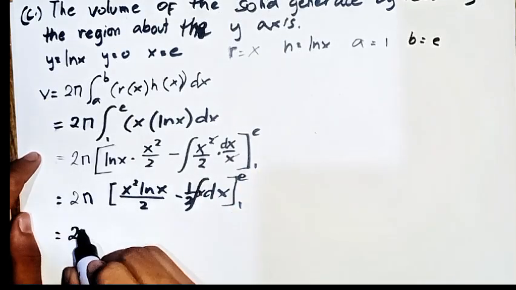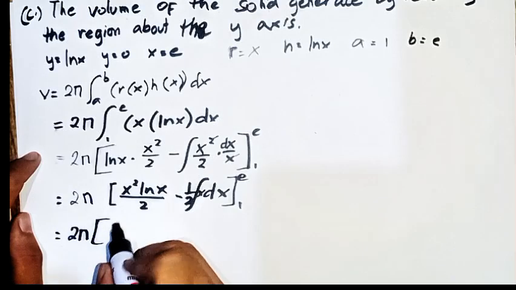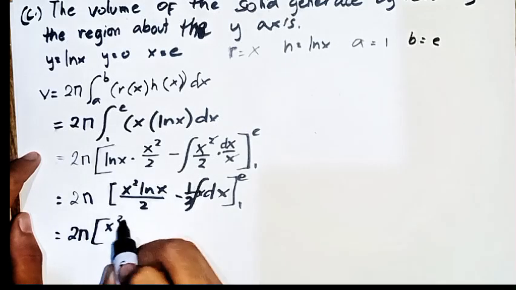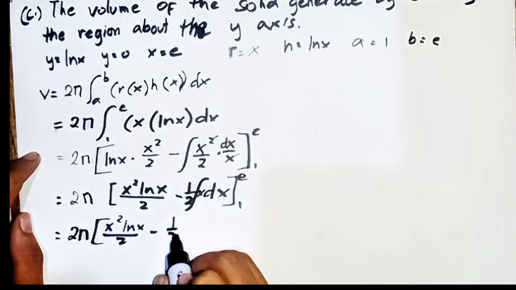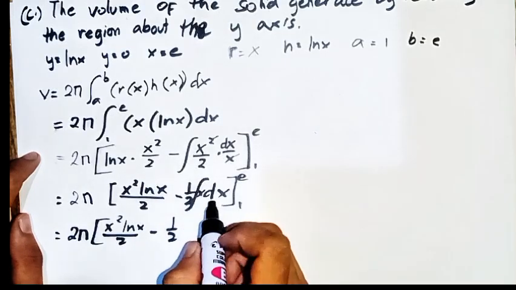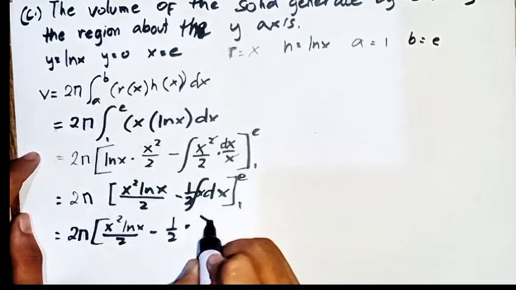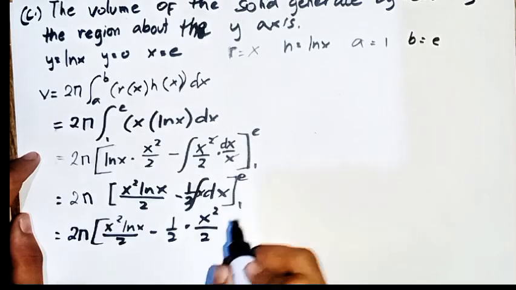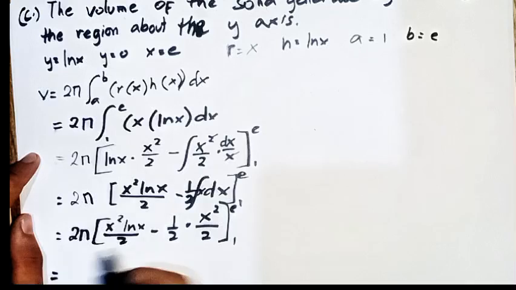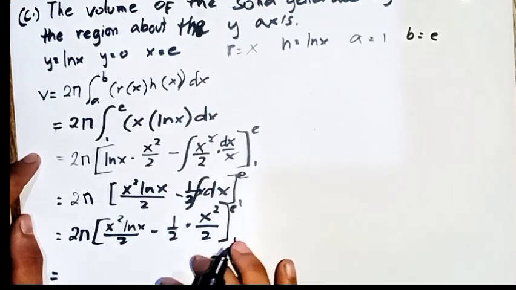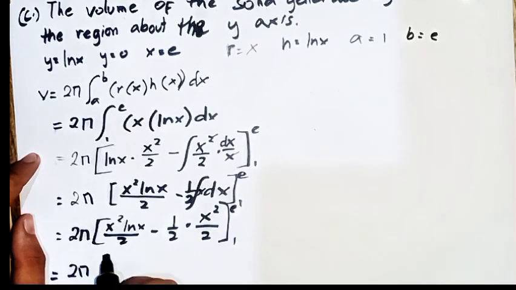So copy the 2 pi, copy the x squared ln x over 2 minus 1/2. The integral of x dx is x squared over 2. Don't forget the e and 1. Now let's multiply this 1/2 times x squared over 2. So copy again the 2 pi.